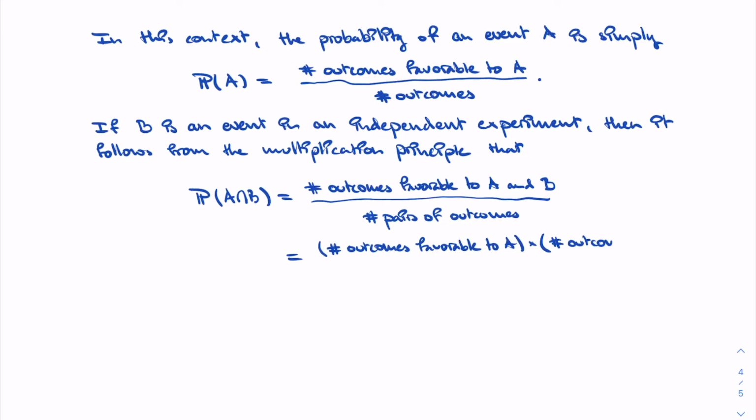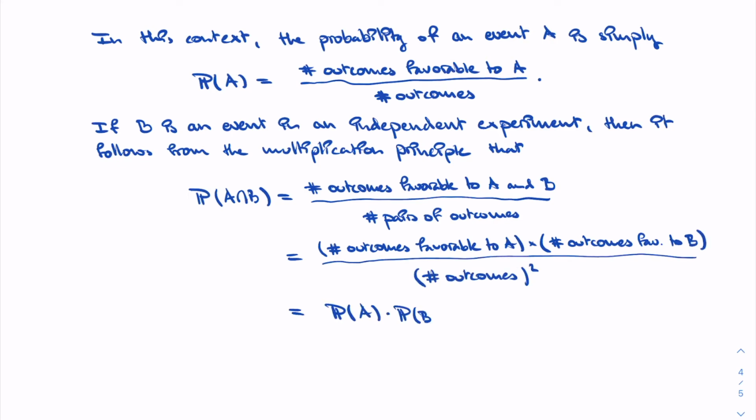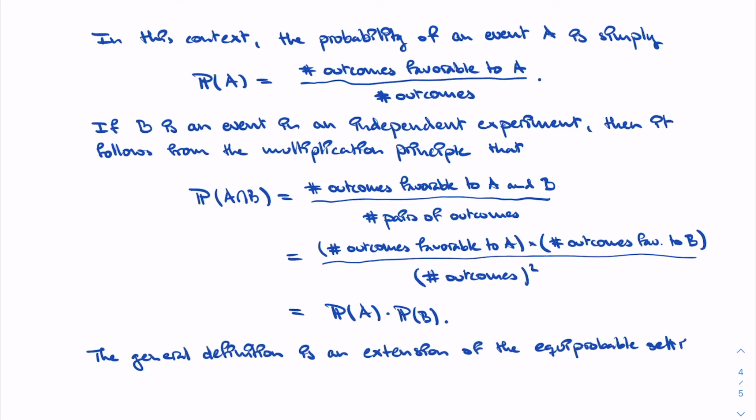By the multiplication principle, this equals the number of outcomes favorable to A times the number of outcomes favorable to B divided by the number of outcomes squared, which is the product of the probabilities. The general definition is now an extension of this equiprobable setting.